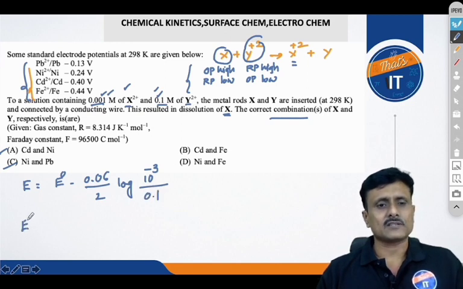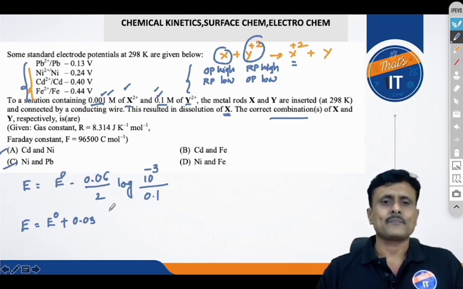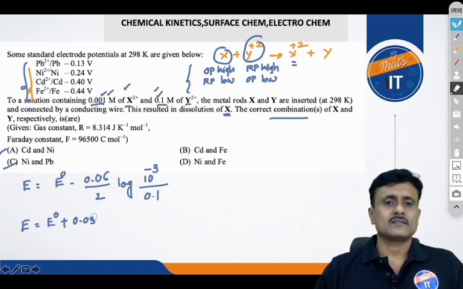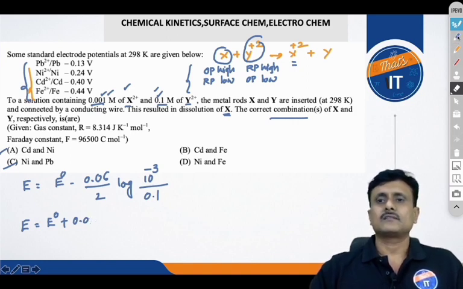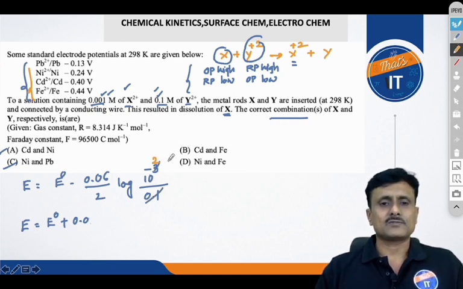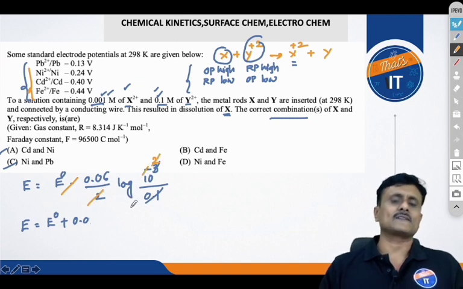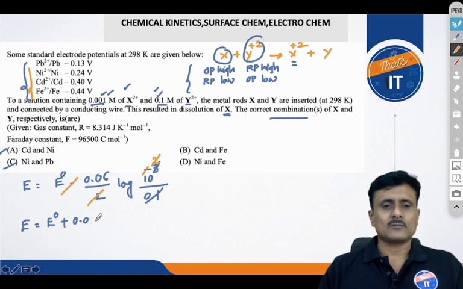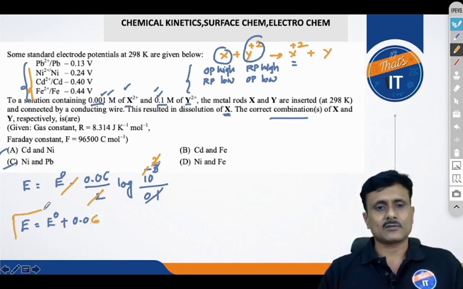So this value is turning out to be E0 minus 0.03 times log of 10 to the power minus 2, and the minus signs will cancel and the 2 gets cancelled, isn't it? Am I right? And log 10 is 1. So this is 0.06. So this is the net equation that we are getting out here.